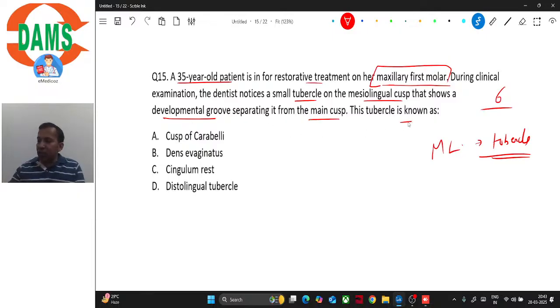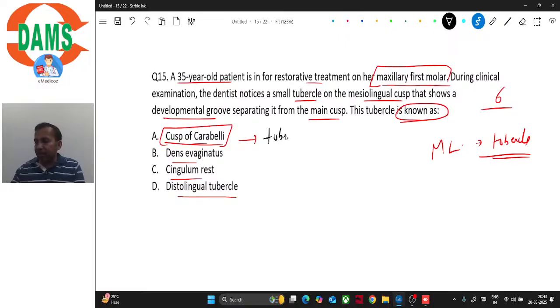So this tubercle is known as. So what do you think would be the name of this tubercle? Is it the cusp of Carabelli? Is it dens vaginatus? Is it cingulum rest, or is it distal lingual tubercle? Yes, option A is correct, isn't it? Cusp of Carabelli is also classified as a tubercle.